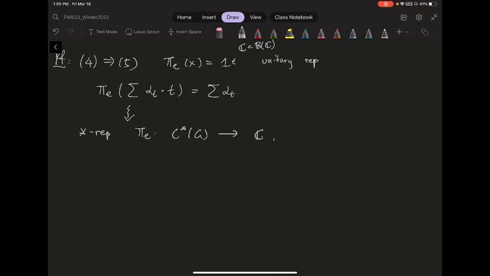So pi e is now a character on the full C-star algebra. But the full C-star algebra, by 4, is isomorphic to the reduced one. So this also drops down to a character on the reduced C-star algebra. Now we also have a character on the reduced C-star algebra.